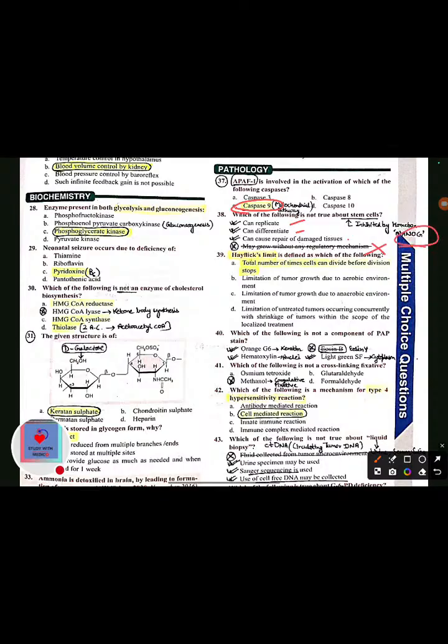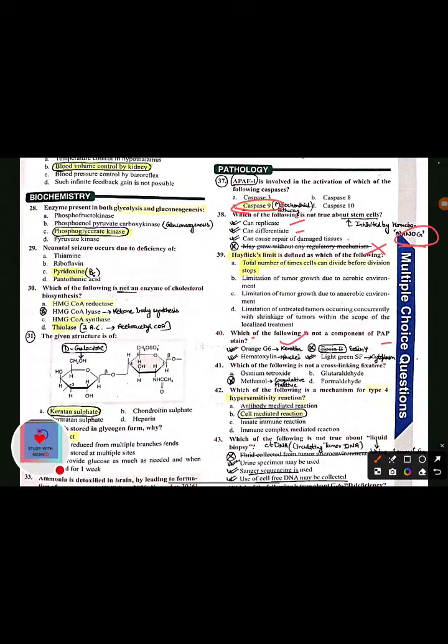Hayflick's limit is defined as the total number of times cells can divide before division stops. Which of the following is not a component of Pap stain?